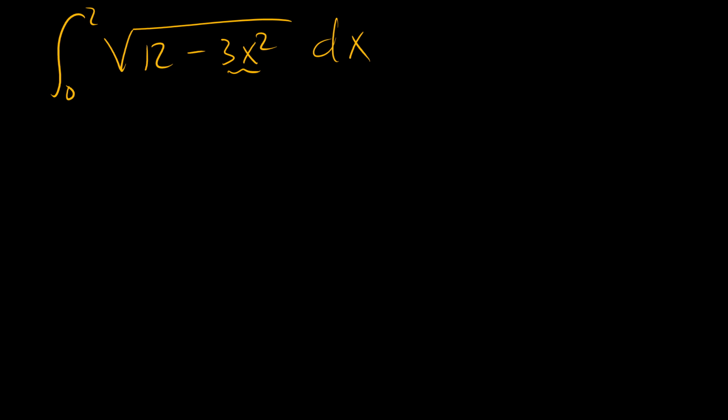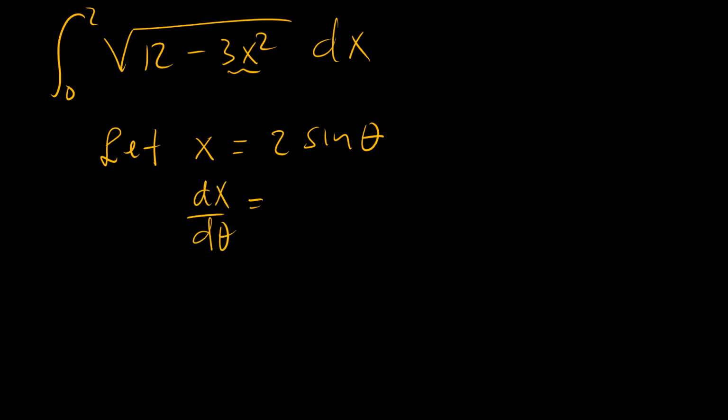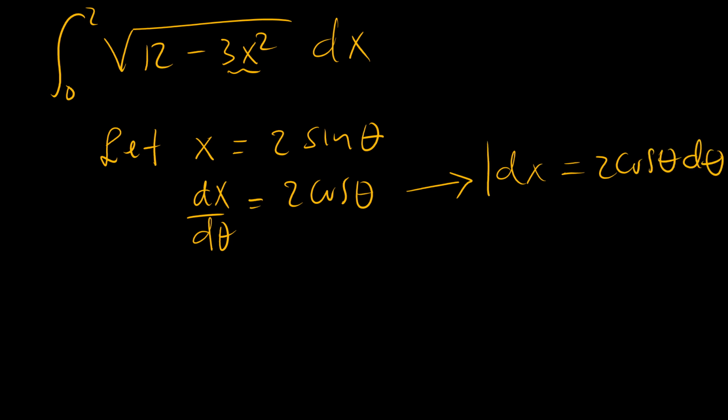And so the only way we can do it is by saying let x be equal to 2 sine theta, right? Such that dx d theta is equal to 2 cosine theta, and that means that dx is equal to 2 cos theta d theta, right?